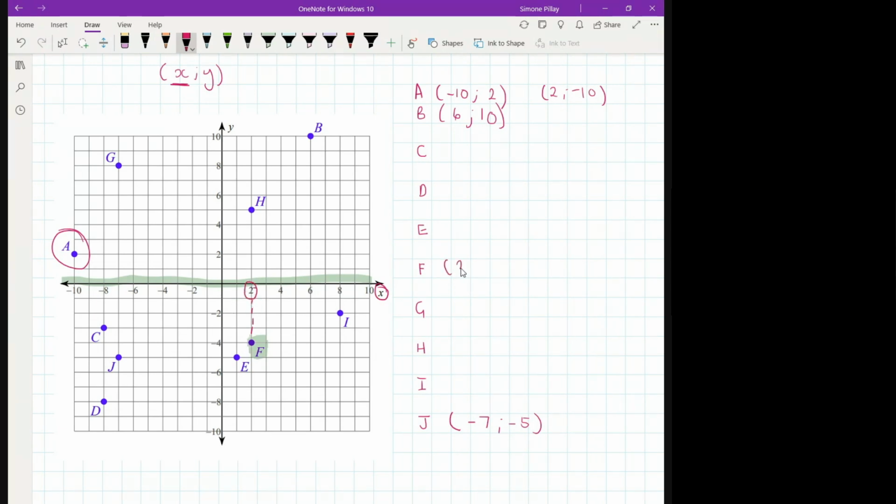I get a positive 2. Now I need my y value. My y value, I'm going to draw my dotted line to my y-axis. It gives me a negative 4. Always with a semicolon in between, always in brackets. Cool. So that is that.